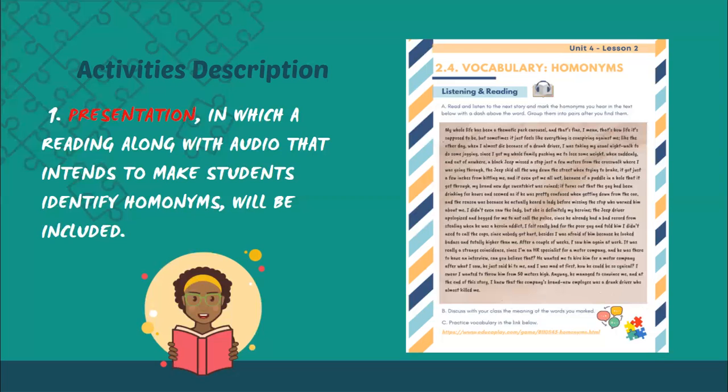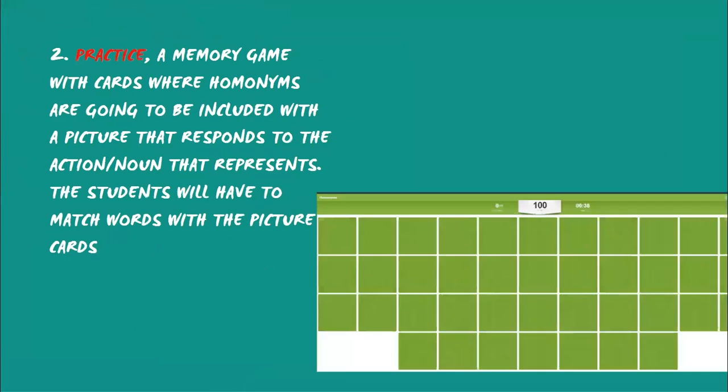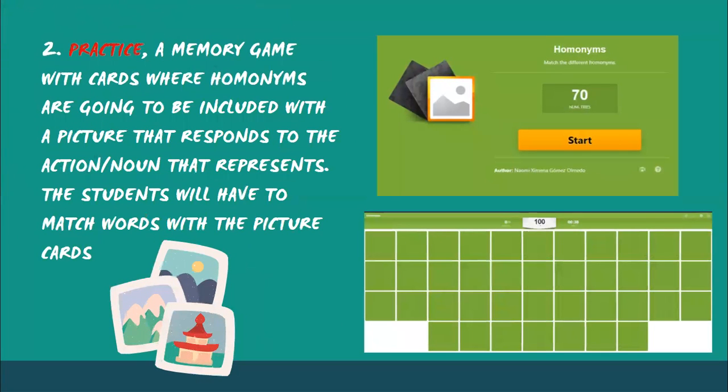Number 2 is the practice stage, which will be a memory card game where homonyms are going to be included with a picture that responds to the action or the noun that they represent. Students will have to match both words with picture cards, and we will try to systematically support the acquisition of the vocabulary presented.